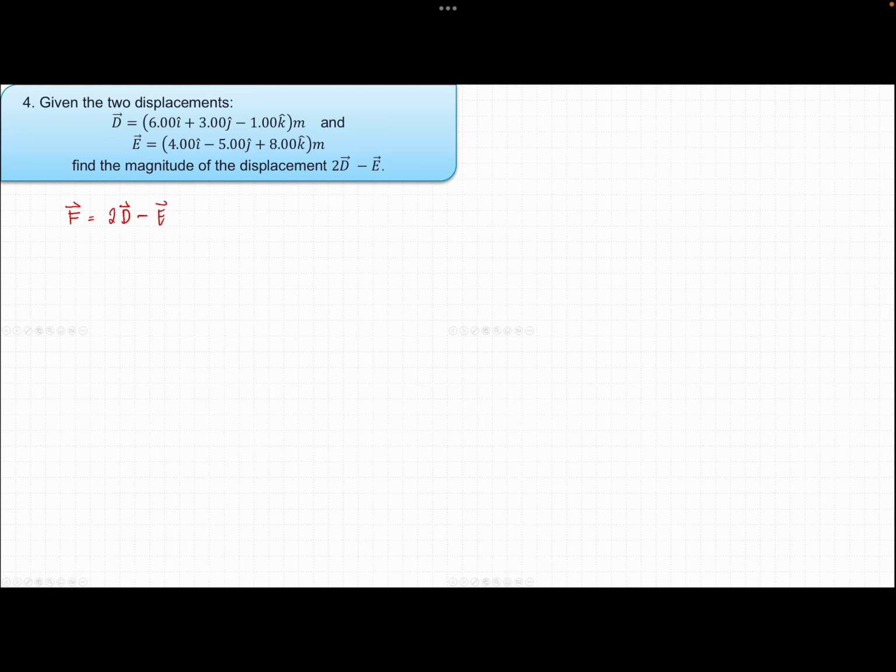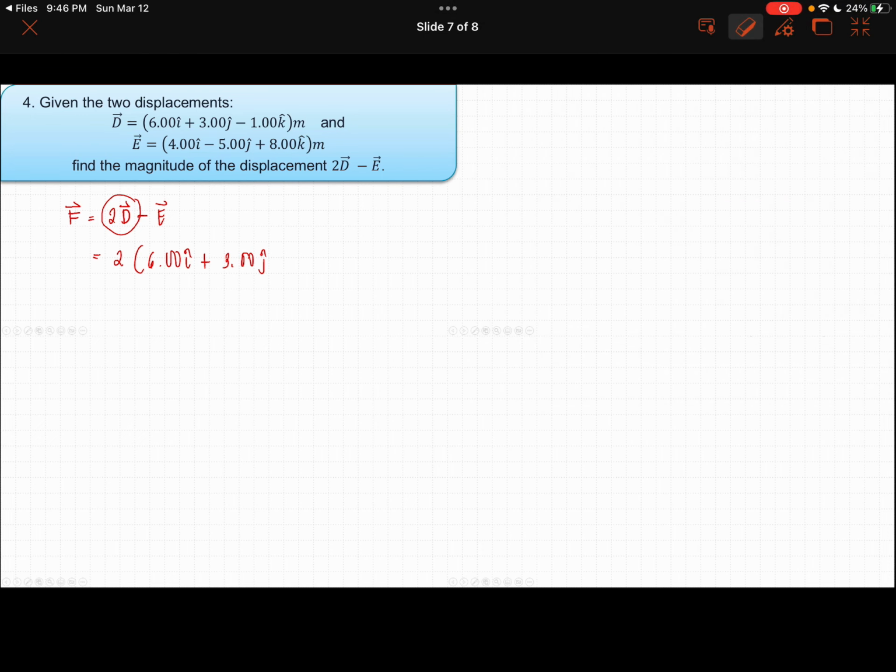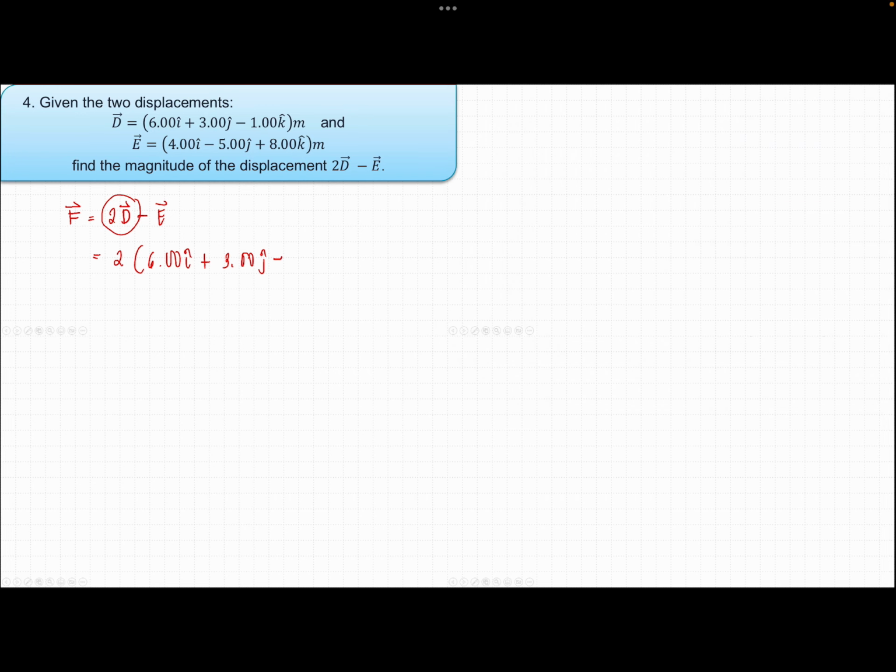So ang gagawin lang natin dito, 2 times vector D is to multiply 2 with each of the components of the vector. So 2 times 6.00 i hat plus 3.00 j hat minus 1.00 k hat.